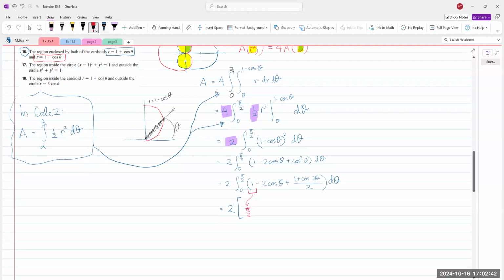Then minus 2 times, now what is the integral of cosine theta in the first quadrant? I expect you guys to memorize this though. The integral from 0 to pi over 2 of cosine theta d theta equals 1.